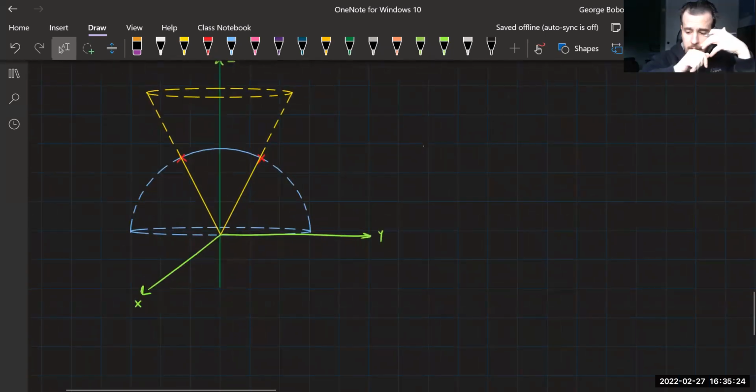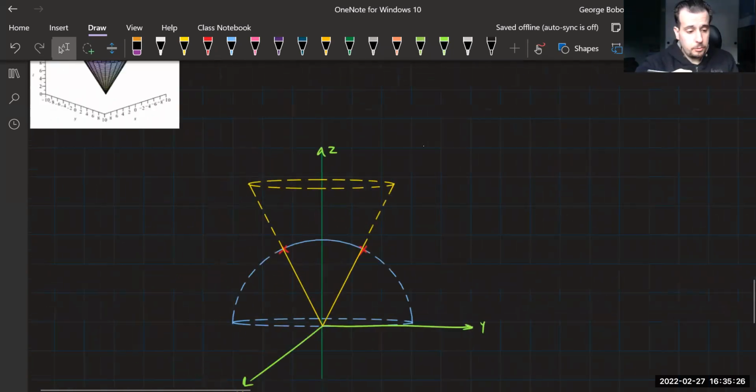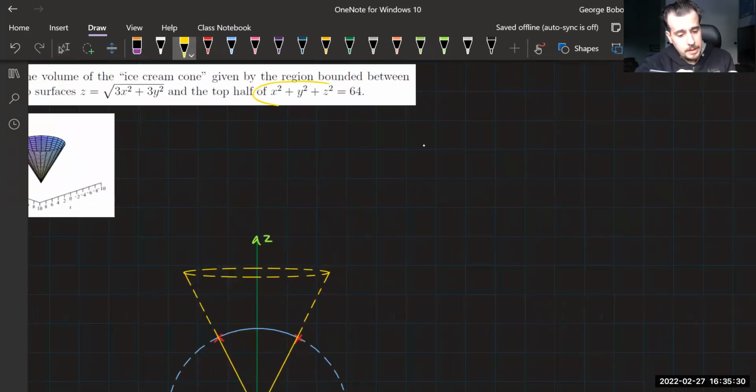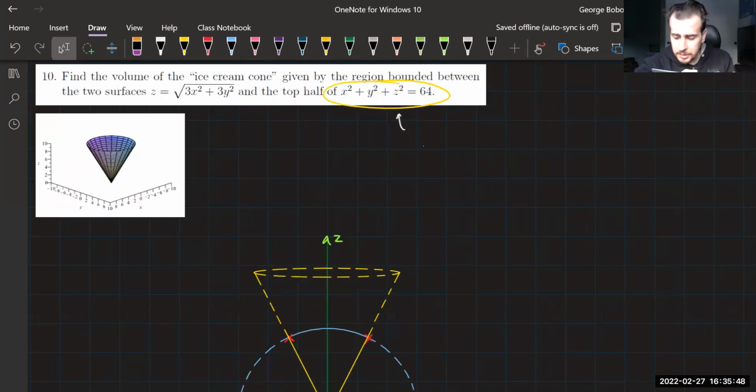And you may have seen that, first of all, you're given the equations of the cone and the hemisphere. The hemisphere is very predictable. It's like a big circle, like how we have x squared plus y squared in 2D? Now you have plus z squared equal to something. So even if they don't tell you, you'll know that this is a sphere of some sort. This is a full sphere, but they're telling you you're going to take the top half of it, right?